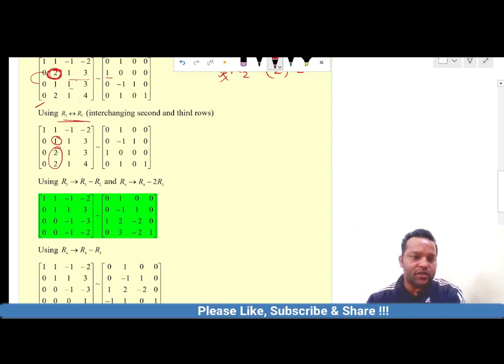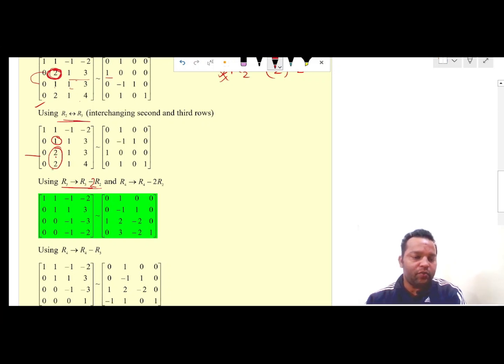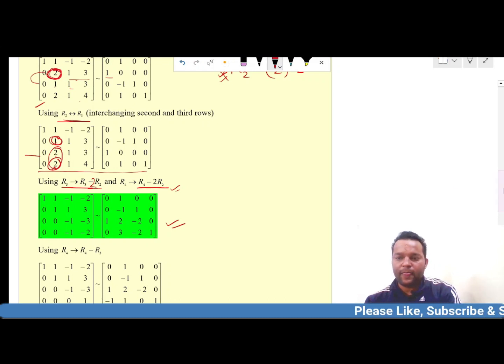The corresponding operations are R3 is replaced by R3 minus 2R2, and with the help of this one this entry reduces into 0. Then R4 is replaced by R4 minus 2R2. Then the corresponding form is obtained as this one.